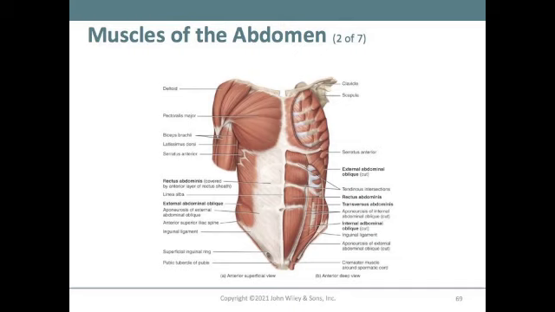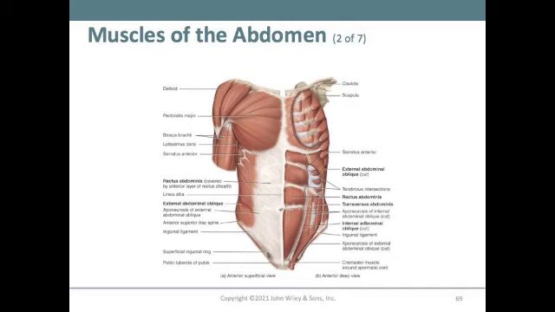So you can see the shape of the pec, the pectoralis major. I would say that's kind of a triangular shape. Here's your delt. There's a little bit of a sheath here that covers your rectus abdominis.